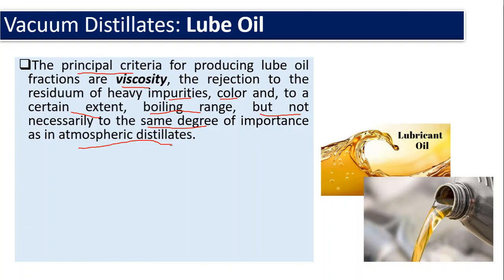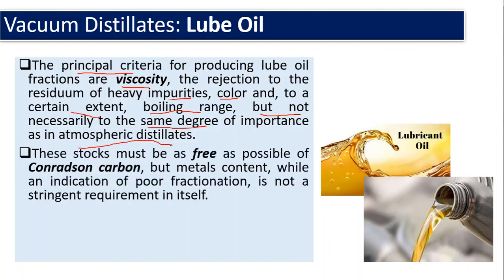You can tolerate that 10 degree difference in vacuum lube oil production, but in the atmospheric column you cannot tolerate it. You have to make some arrangement for that 10 degrees, that is side stripping. But in this case we don't need that, so we can say that the separation is not as tough as compared to the atmospheric distillation column.